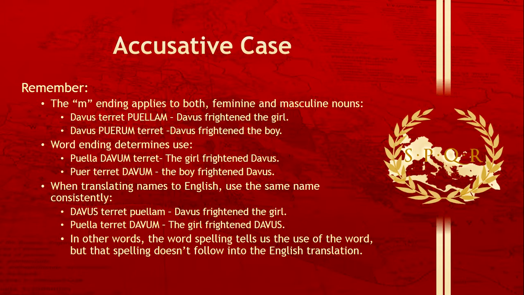You can see there in Latin, because Davos is a direct object, it becomes davum, but when you translate it to English, you keep the name the same, because it's the name of the boy. In this case, the boy named Davos. In other words, the word spelling tells us the use of the word, but that spelling doesn't follow into the English translation. Davos in English is always Davos, regardless of how the ending appears in Latin.